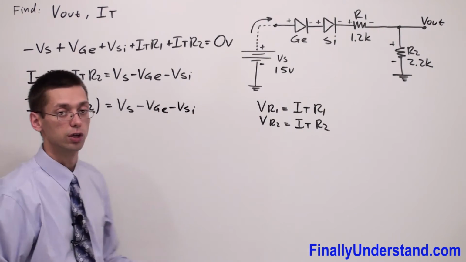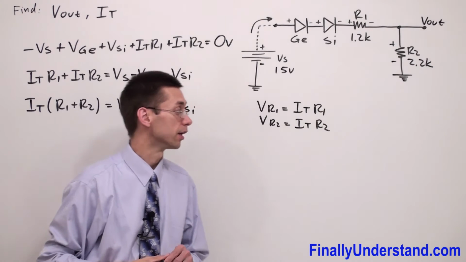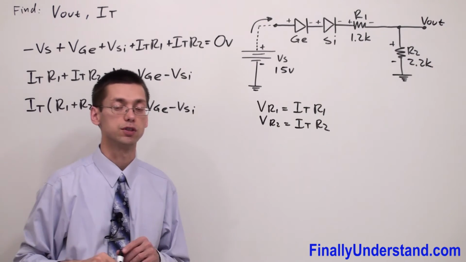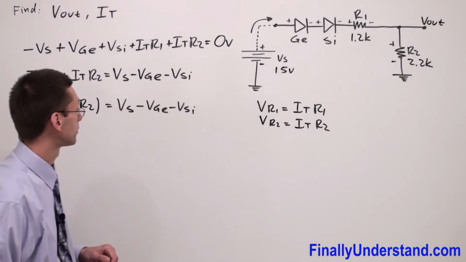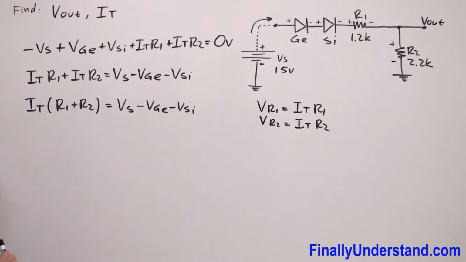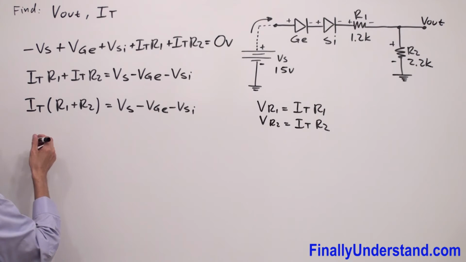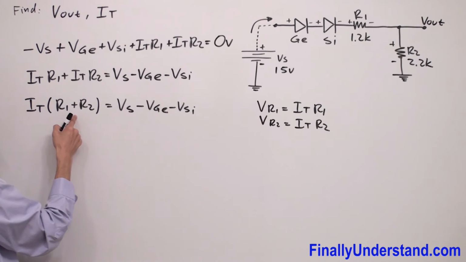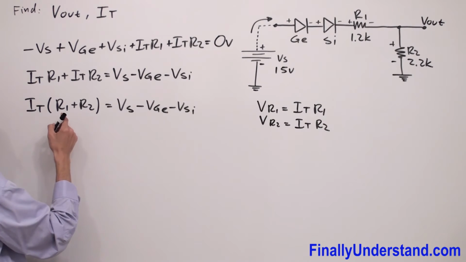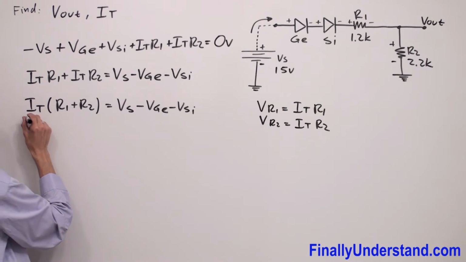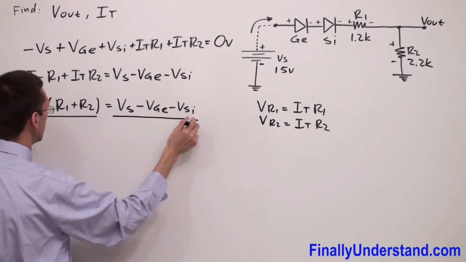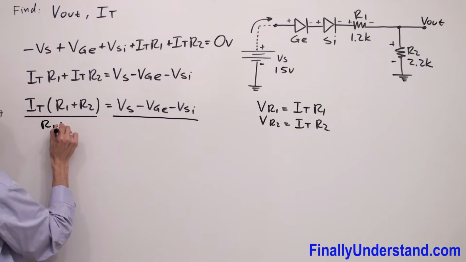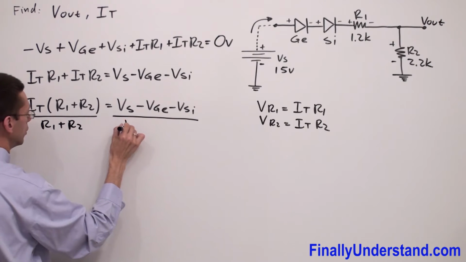I'm doing the long way in order to prepare you for more sophisticated problems which are going to require heavy algebra in order to solve them. In order to find I total, I'm supposed to divide both sides of my equation by the content of the parentheses, R1 plus R2.